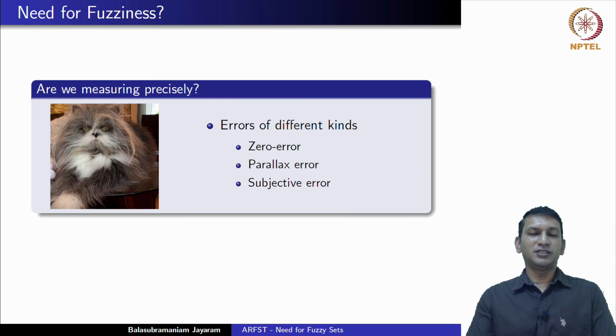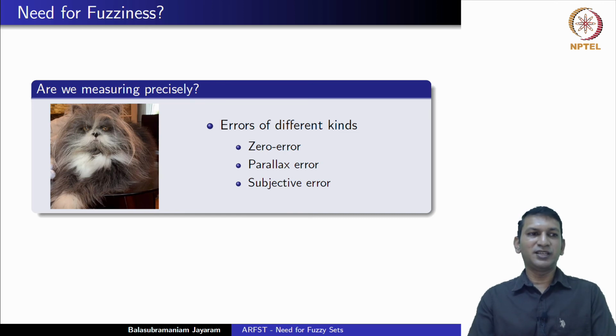Then there are errors that human beings introduce, like the parallax error. But then there are also subjective errors. For instance, if you look at the picture on the left, if I were to ask you, is it a cat or a dog, each of us would have his own answer for it.